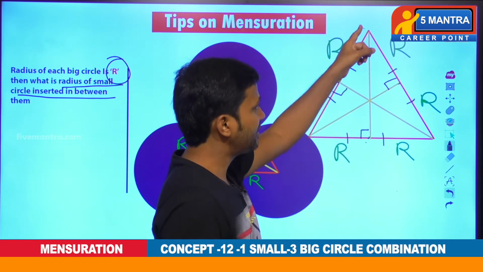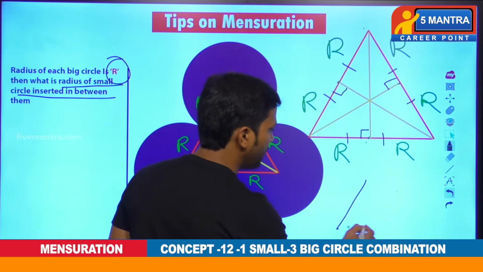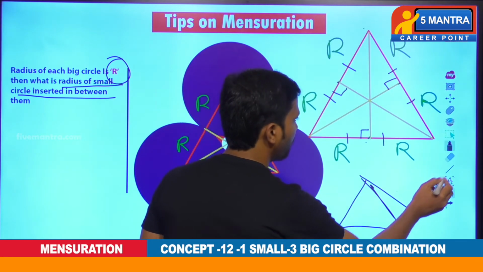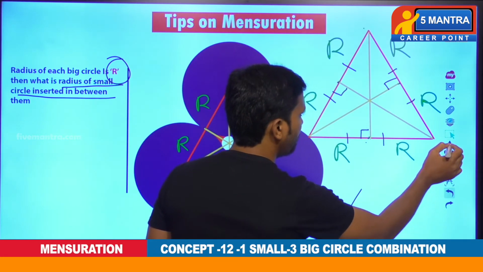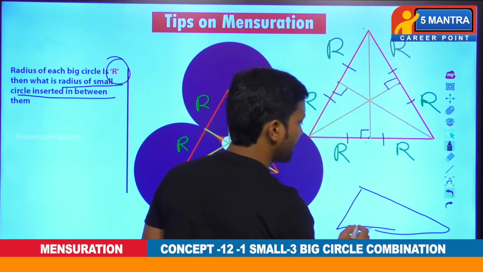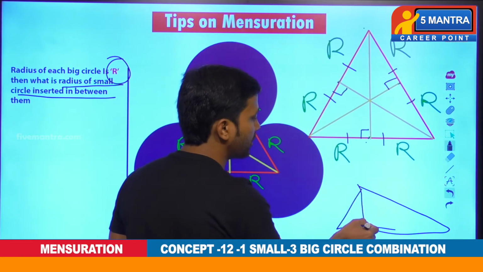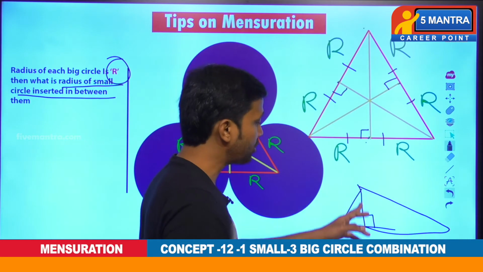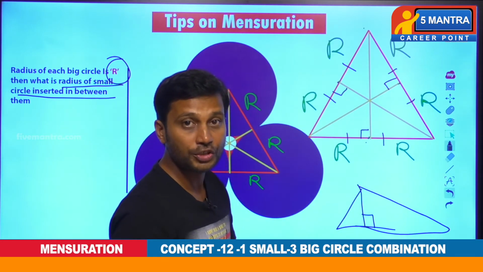That first point should be clear. Next, when it is perpendicular, I want to explain one more thing. In any kind of triangle, for example, I am taking a bigger triangle, the perpendicular drawn from a vertex to the opposite side is called the height or altitude.